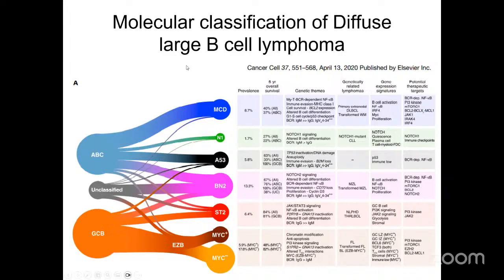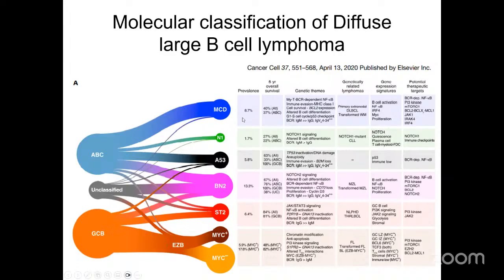But when you can look at these, once you have that, you can further classify it based on a number of genes into, in this paper, they classified it into 7 different categories based on the mutations that are present. So this MCD, for example, has the most common mutation in this group was the MYD88 mutation.